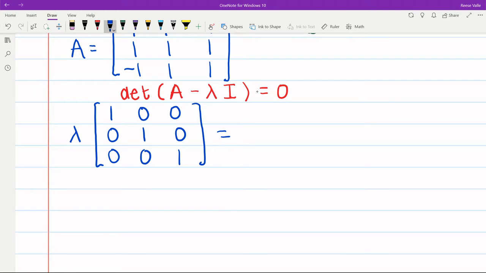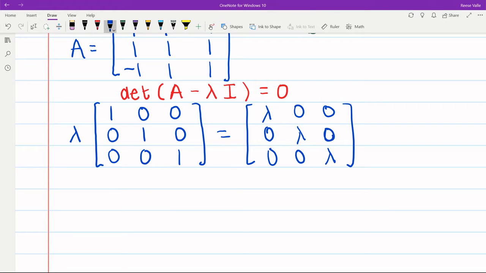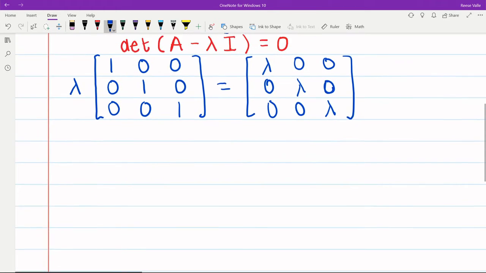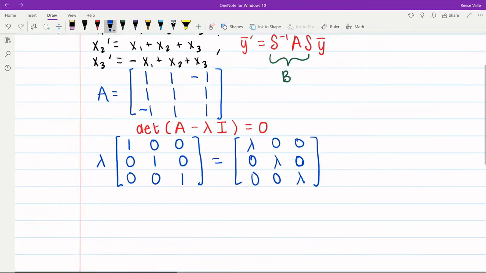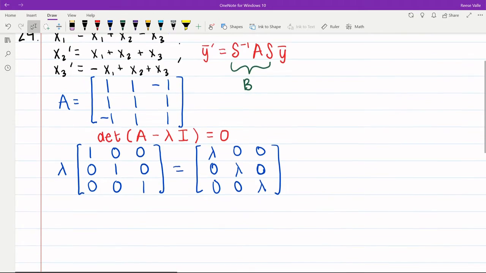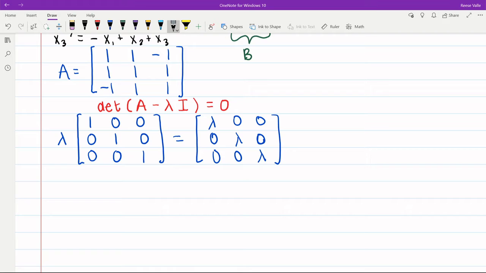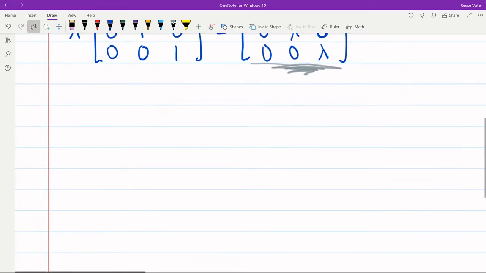That's going to turn into lambda, 0, 0, 0, lambda, 0, 0, 0, lambda. And then you want the A matrix minus this matrix right there.